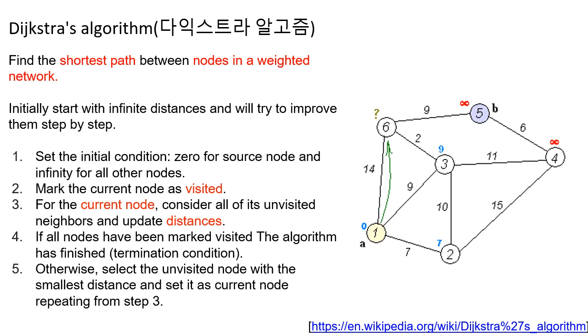Therefore, it is the shortest path to reach 6 from 1, because this weight is higher than the summation of going through 1, 3, 6. So your value is updated to 11, and this is your visited node, the shortest path length. You repeat this process up to the termination condition.